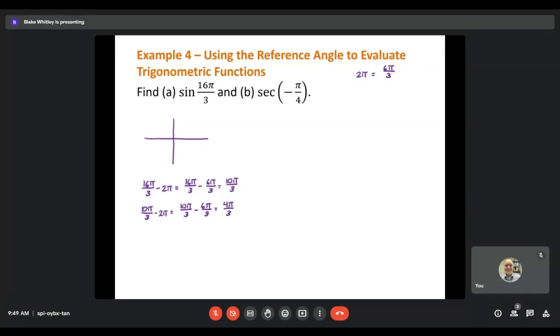Okay, so I know that one full revolution is 2 pi. That means that half of a revolution should be pi. And so 180 degrees, same thing as pi radians. Well, 4 over 3 is bigger than 1 pi, right? So 4 pi over 3 is bigger than 1 pi, so I know I'm beyond pi.